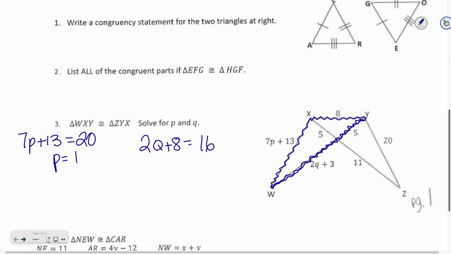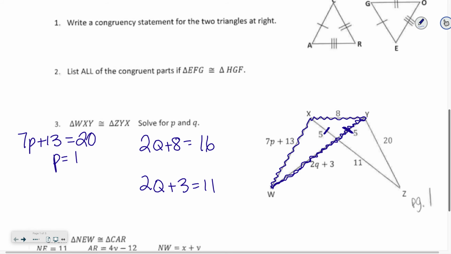And then this entire side is 16. But technically, since this piece right here and this piece right here are equal, you could also have said 2Q plus 3 equals 11.